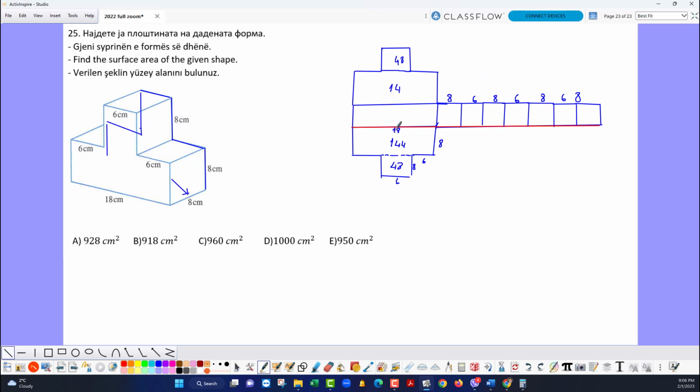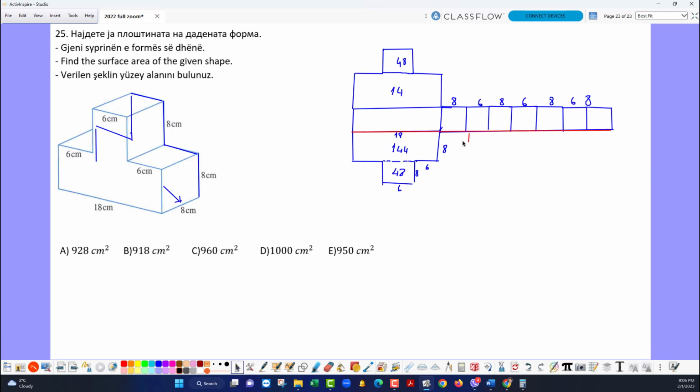And this with 18, it's going to be 68. So this length is totally 68 centimeters, and we know the width of the figure is 8.